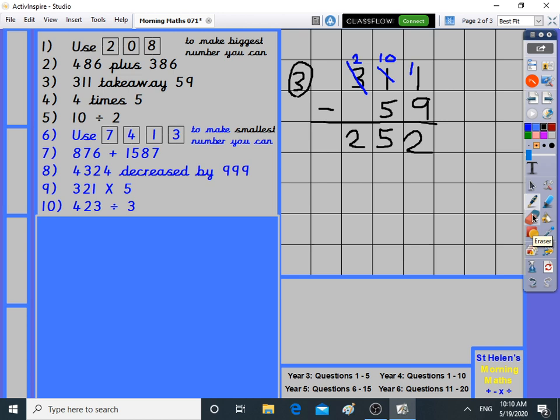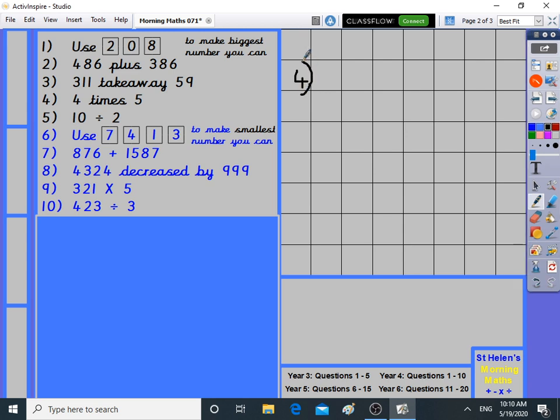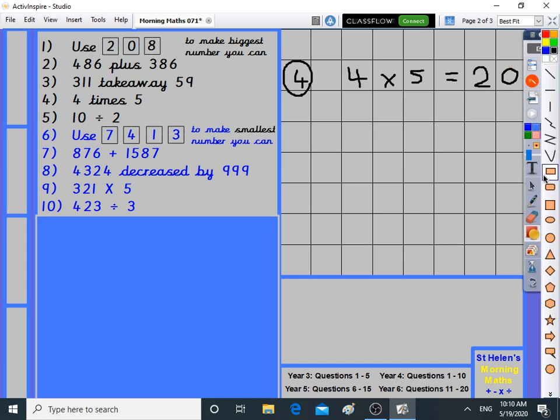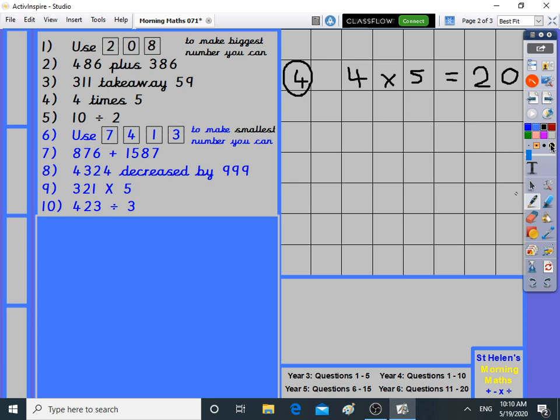Number 4 is 4 times 5. Lots of ways you can do this. We could just sing our 4s up to 5 fingers: 4, 8, 12, 16, 20, and what we're saying is 20. Or you can get 4 dots. 1, 2, 3, 4.